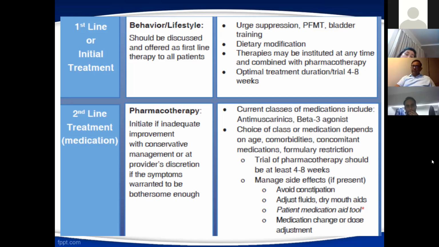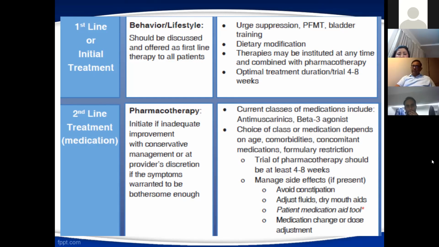Probably in our culture it's not available, and second, compliance is the major issue. So in most settings in Pakistan, we begin with pharmacotherapy. Patients are also short of time and may not be able to learn for many other reasons. The current classes of medication include anticholinergics and beta-3 agonists.